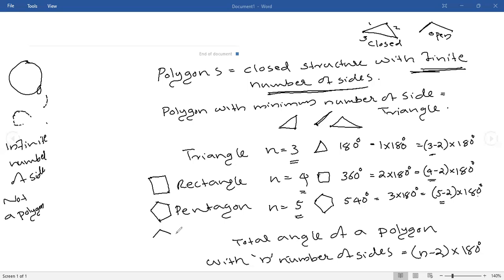In this case, 1, 2, 3, 4, 5, 6, this is a hexagon. With 7 sides, this is a heptagon. Then octagon. It will proceed in that manner. You got that point? Okay, sir.